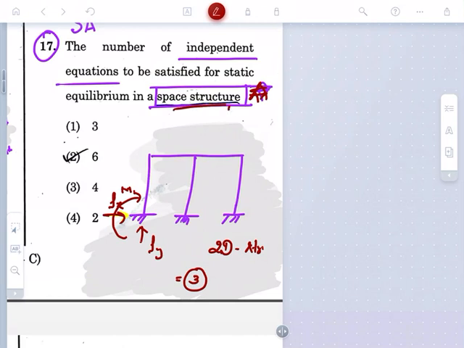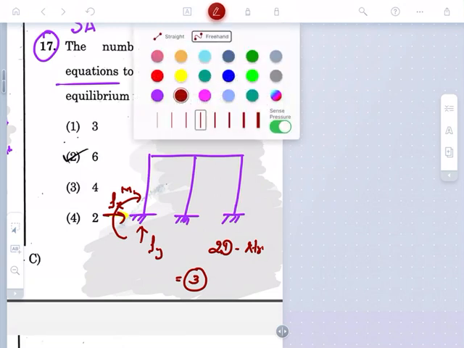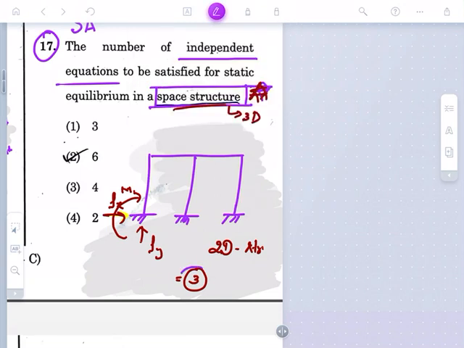In the space structure, it has to be considered as a 3D structure. In case of a 2D structure, the total number of independent equations is 3, but a space structure has to be considered in terms of a 3D structure. A 3D structure will come like this.